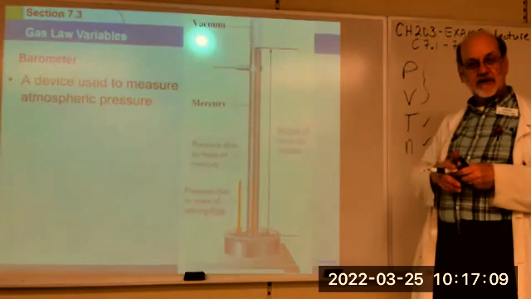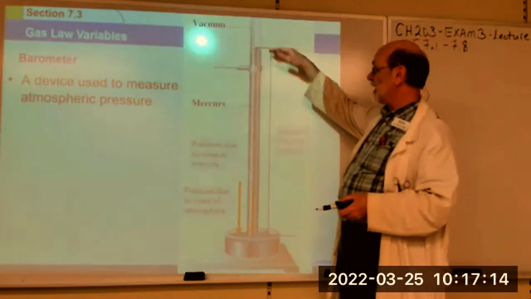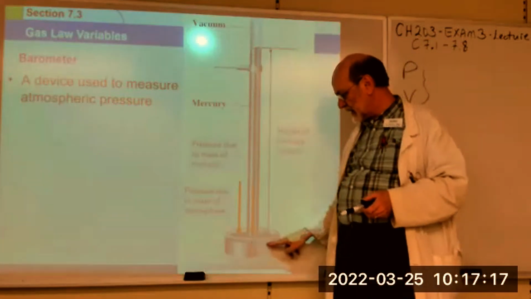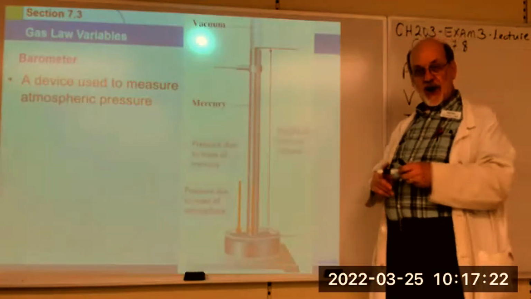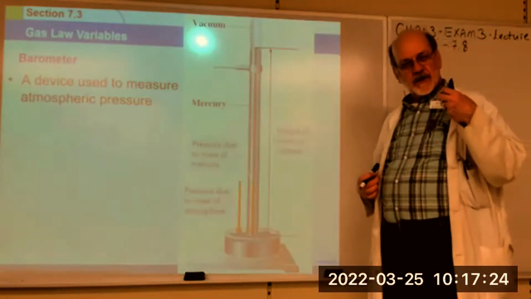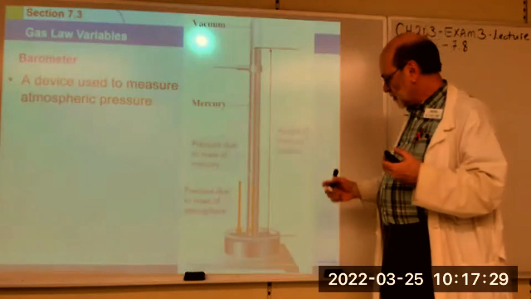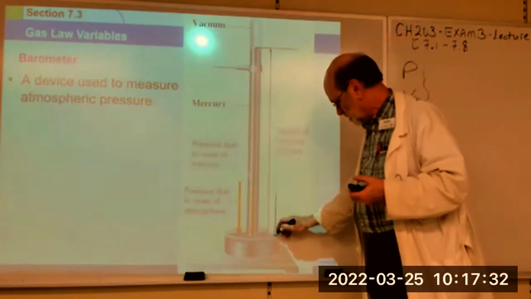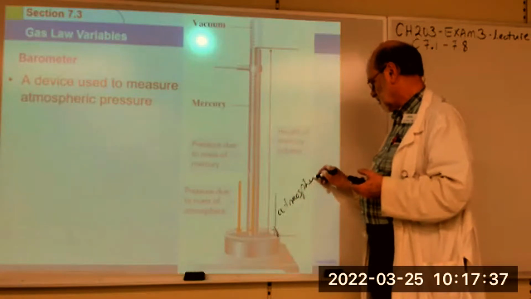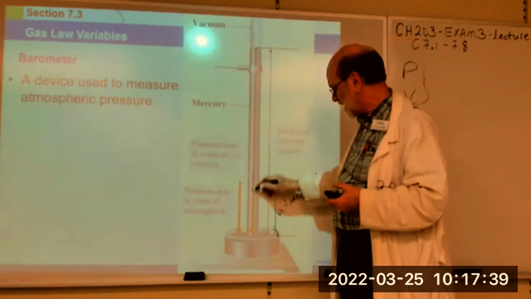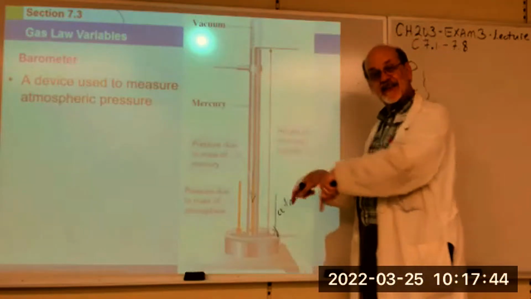And what happened? Well, if you were a researcher, you might expect that mercury would go all the way down to the same level here. But it didn't. Why? Because there was a balance of forces required. There was force being applied here from the atmosphere, and there was a force being applied here from the mercury. And they were pushing against each other.